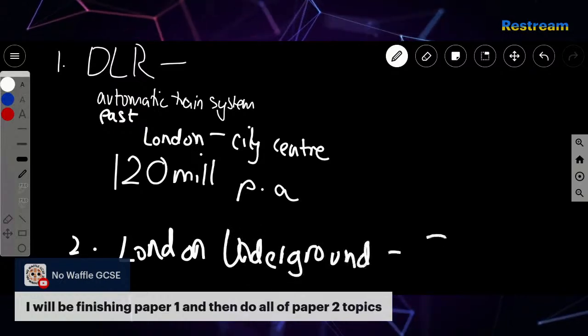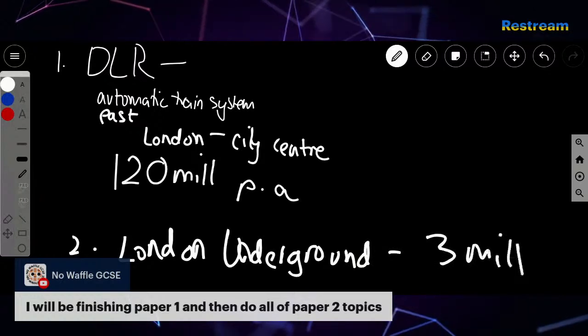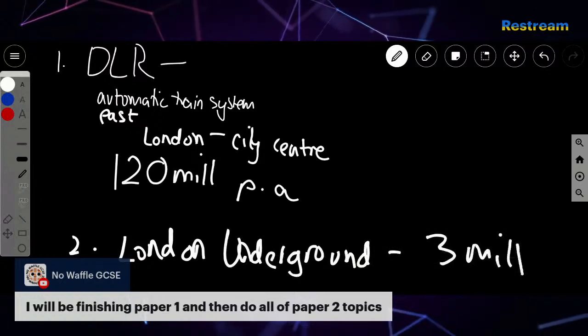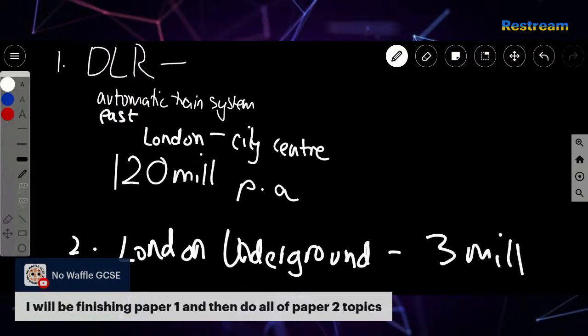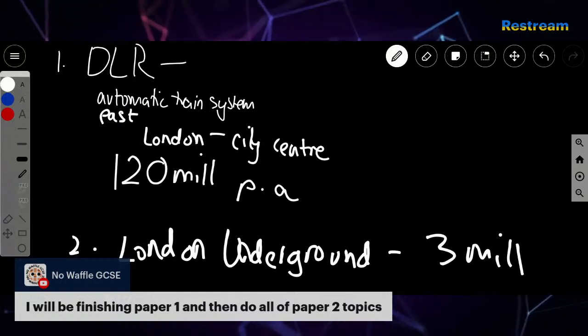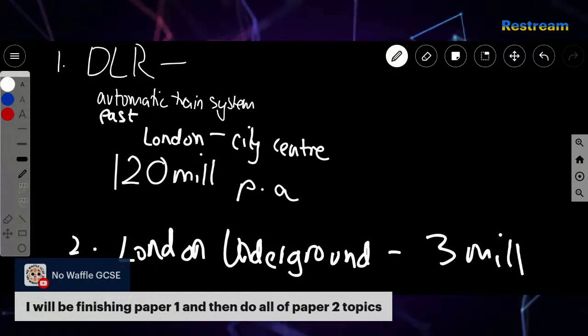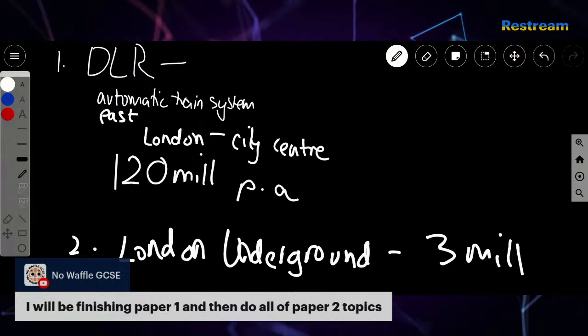Takes 3 million people off the roads each year. And then we also have things like self-service bikes. These are available to hire. They're the cheapest form of public transport. And in London, they have constructed so many bike lanes and specialist bike signals at junctions. So they've made it more open and welcoming to people who use bikes.